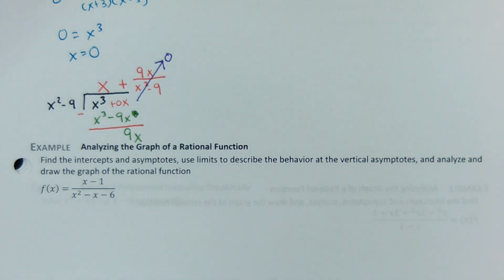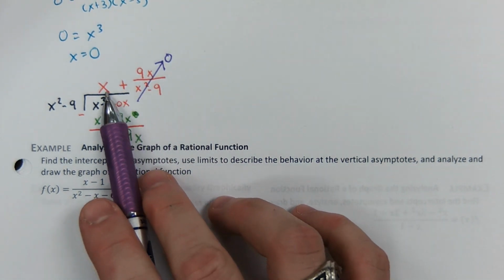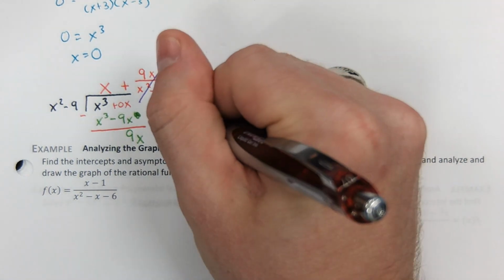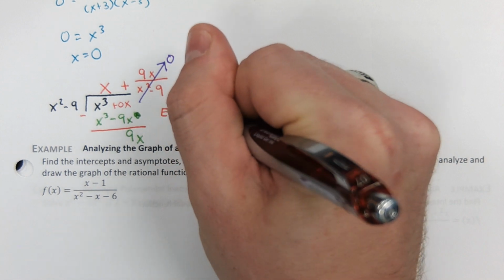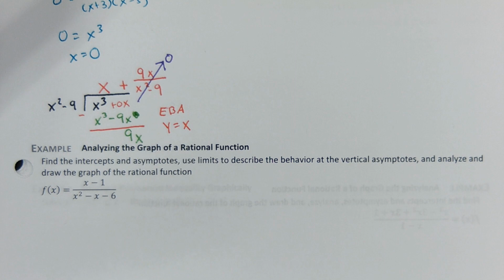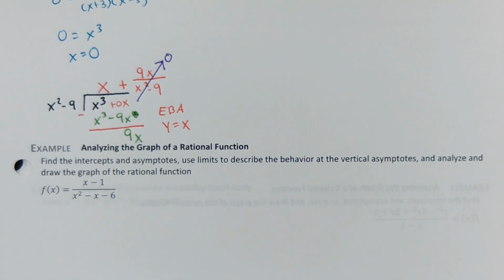Which means my end behavior asymptote is the line y equals x. Because remember what it means to be an end behavior asymptote. What is the graph behaving like when x is really super duper big?